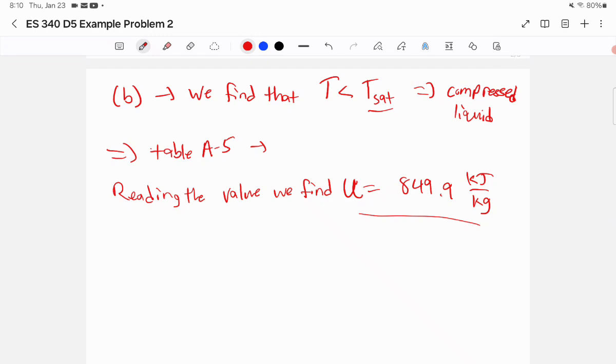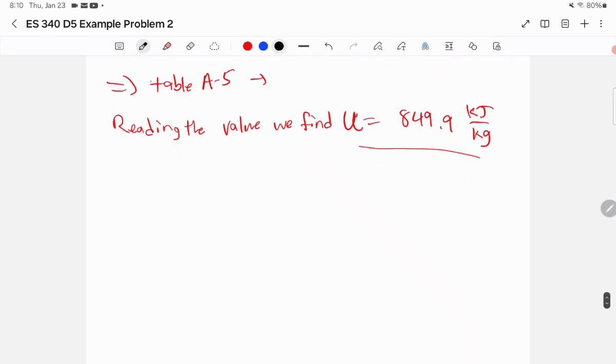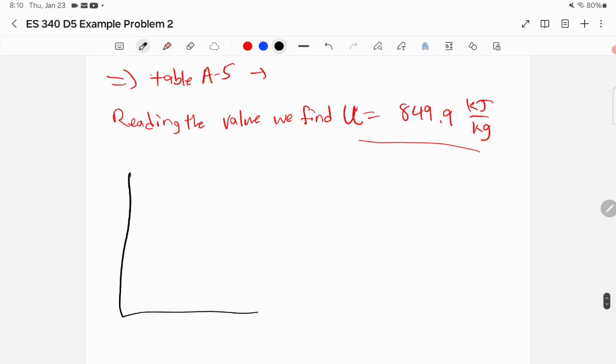Now C. Oh, let's draw the plot, shall we? PV. We know that it's in the compressed regime. The PV and the TV look kind of similar, but we do have to keep track of what it is that we actually have here.